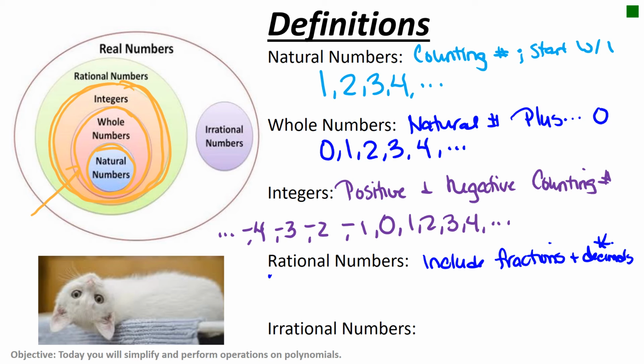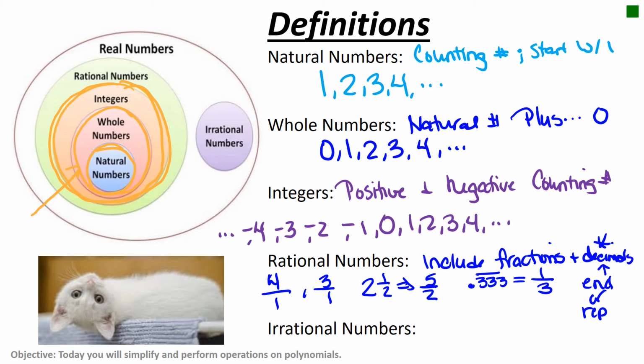So 4 is rational because it could be over 1. 3 is rational, it could be over 1. 2.5 is rational because we can turn that into 5 over 2. 0.333333 is rational because we can turn that into 1/3. So it includes decimals that either end or repeat because those can all be turned into a fraction.